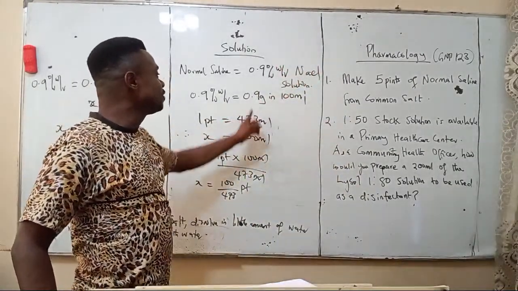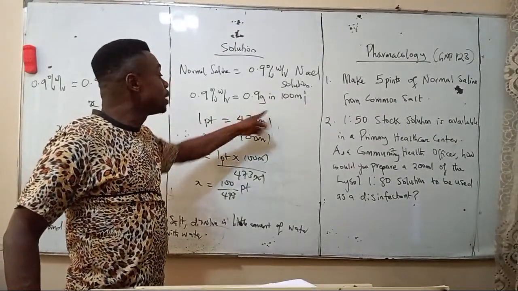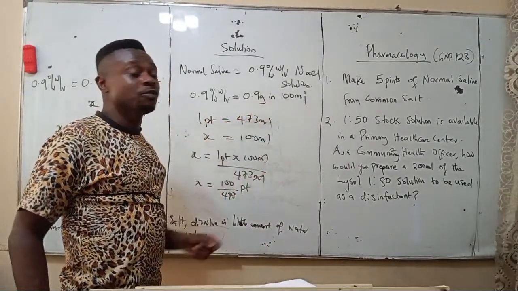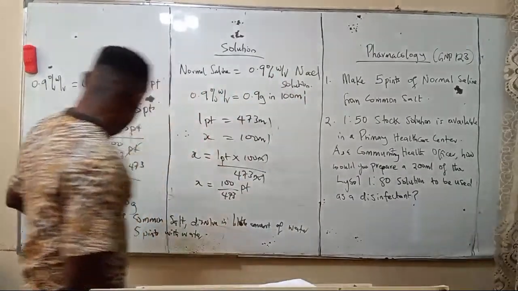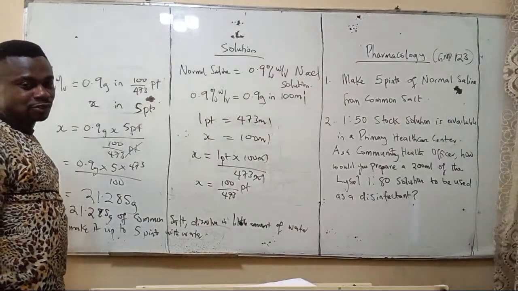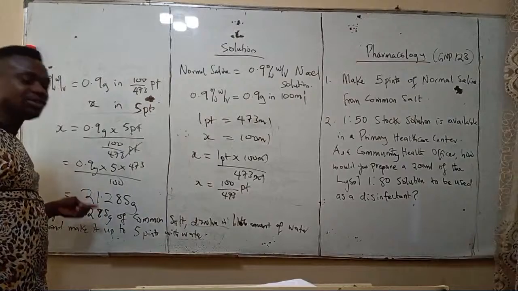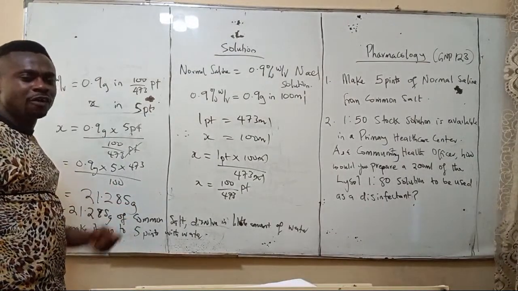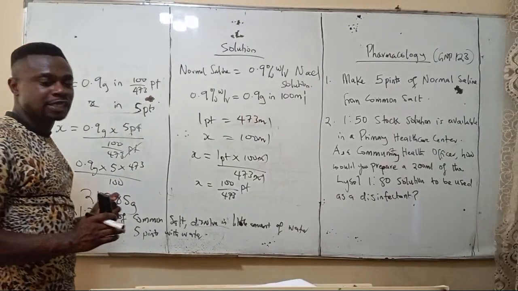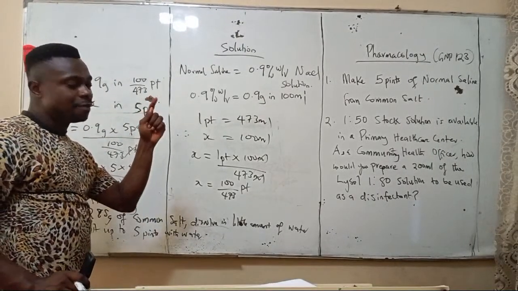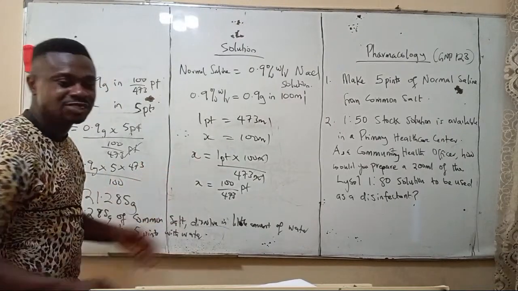And I say, okay, if you have 0.9 gram in 100 ml, how many grams of sodium chloride will now be in 5 times 473? At the end, I got 21.285 grams of sodium chloride. And I said, okay, to prepare 5 pints, you weigh 21.285 grams of sodium chloride, which is common salt, dissolve with a little amount of water and make it up to 5 times 473, which is 2,000 something ml.